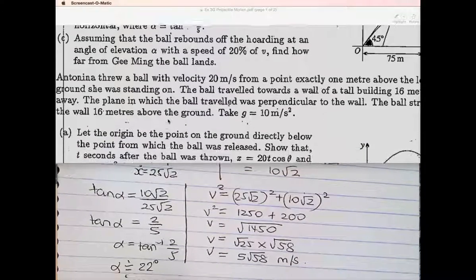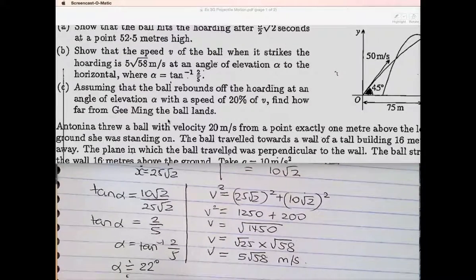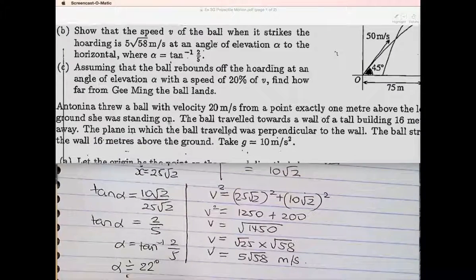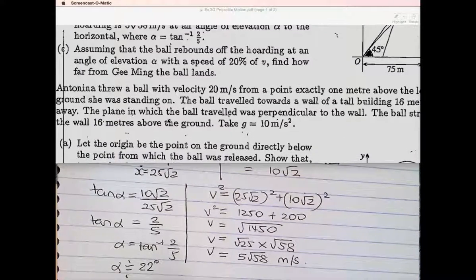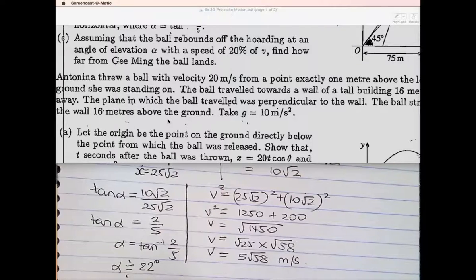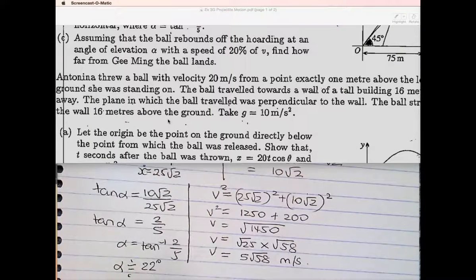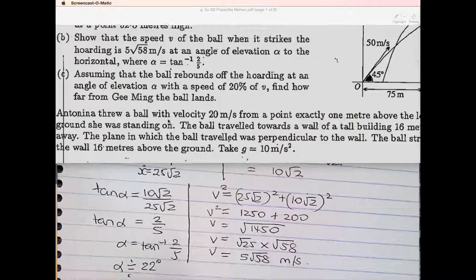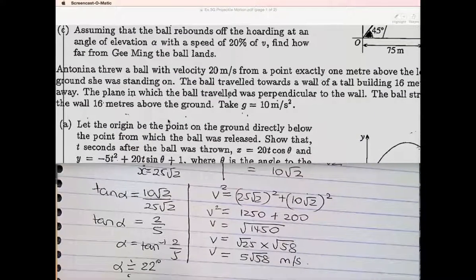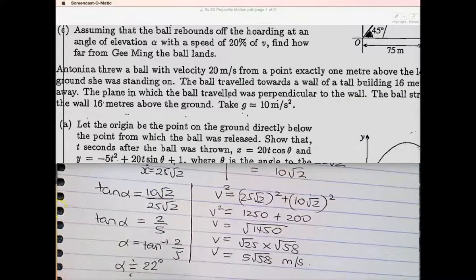Okay, got it. It looks like the same angle. Find how far from the goal the ball lands.